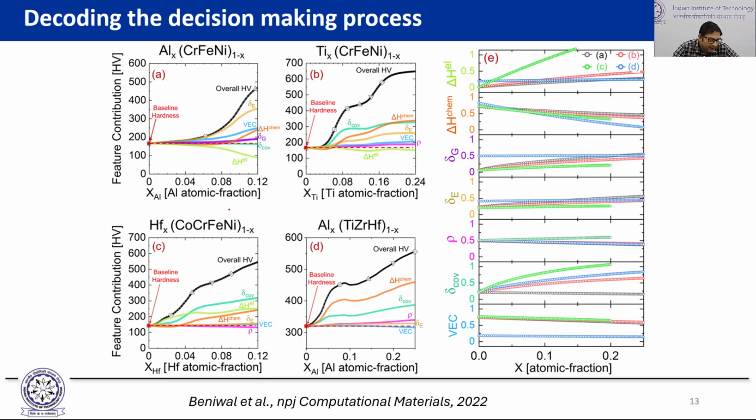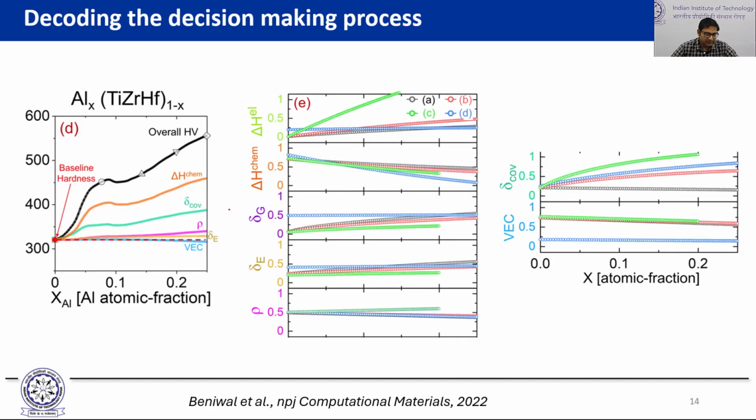And then we are looking at the feature contribution in terms of the contribution to the overall hardness. So this was done for the variation of a lot of different elements, but let us pick only one and study that in much greater detail. For that, let us look at this aluminum, titanium, zirconium, hafnium alloy.